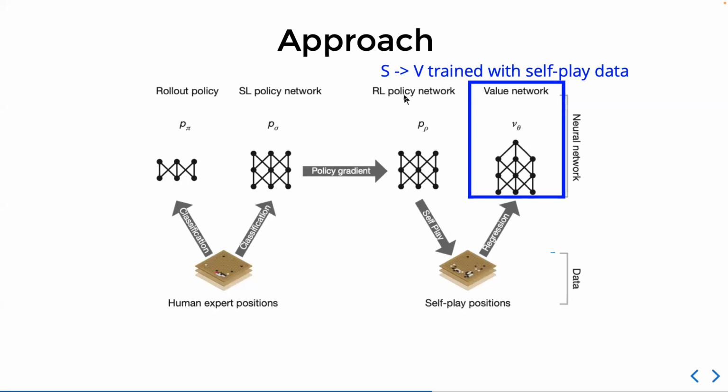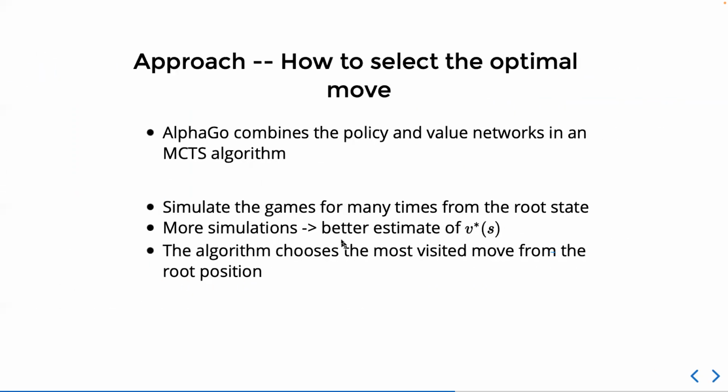So the RL policy is only an intermediate network, but the remaining 3 networks are used later in the Monte Carlo search algorithm. In the Monte Carlo search algorithm, we simulate different paths from the root state to get a good estimate of the optimal path, and we choose the most visited move from the root position.